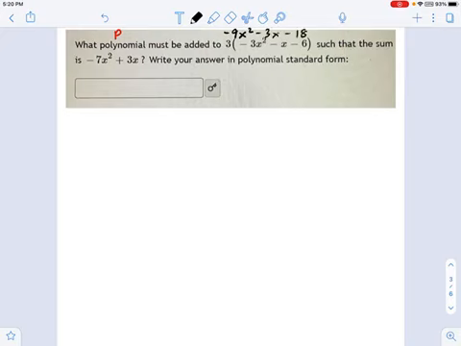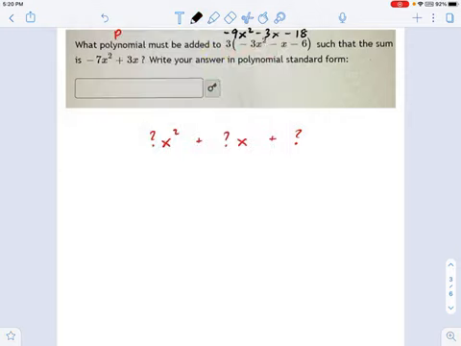Okay, so what polynomial P must be added to what I just wrote such that the sum is negative 7x squared plus 3x? Well, think about it this way. This is going to be some kind of an addition problem. Something times x squared, plus something times x, plus some number. And we're going to add those.